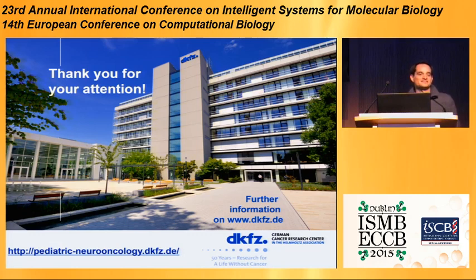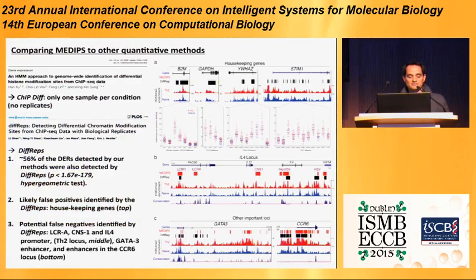Okay, and the other question is, have you compared your method with other published methods in terms of doing differential ChIP-seq? Yes. So we have done some comparisons to other tools that came up at some time. For example, here's a comparison to diffreps.